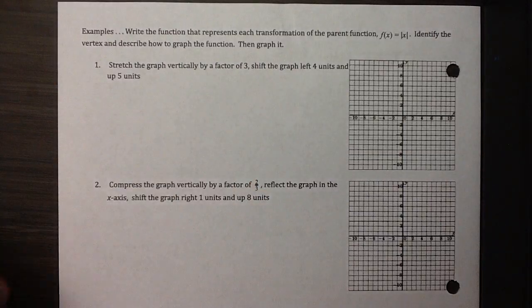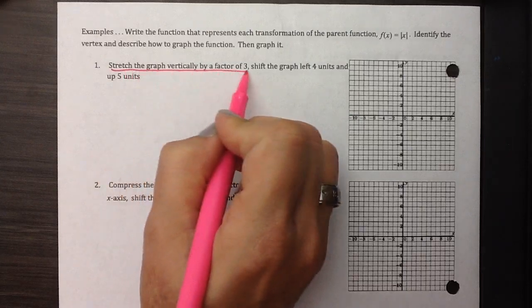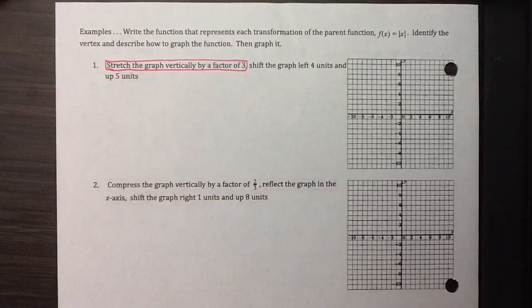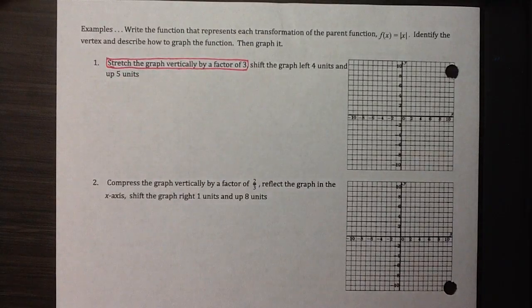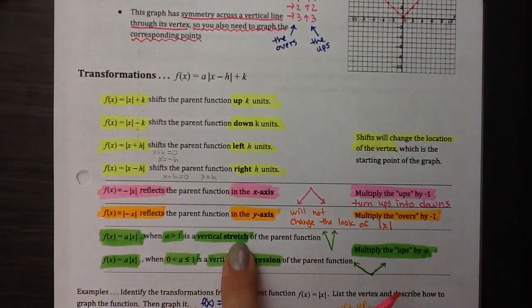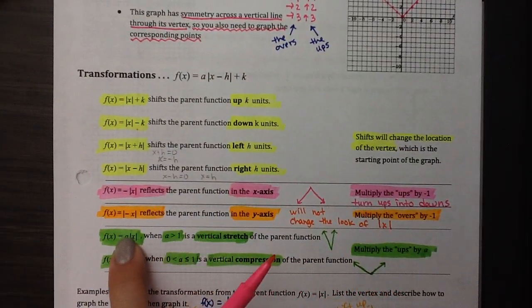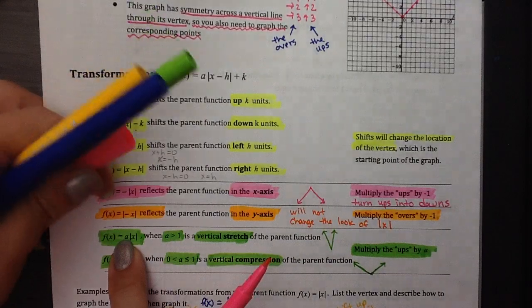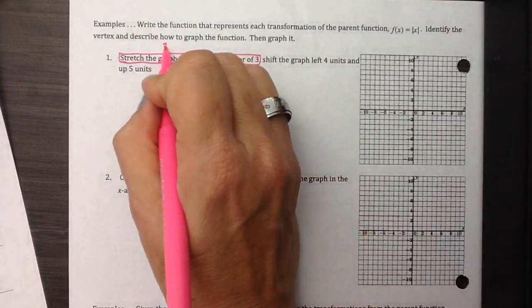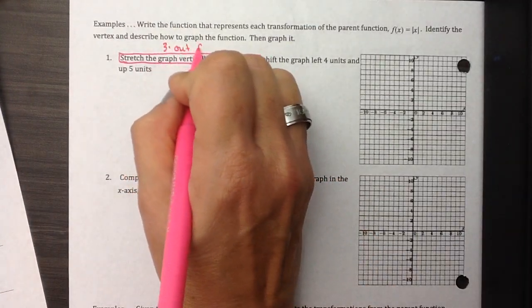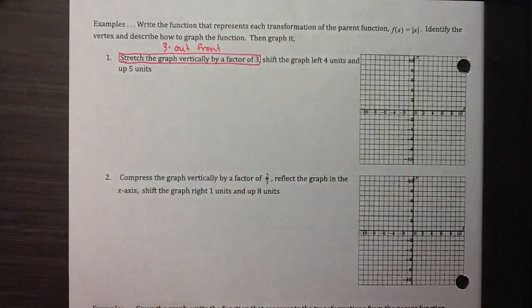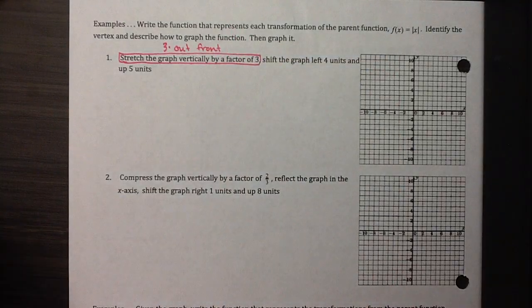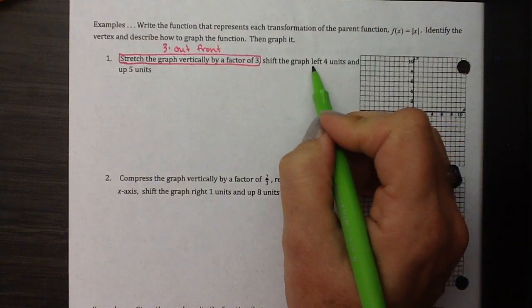So if I'm going to stretch by a factor of 3, stretching means that I have a number times out front. So I need a 3 times out front. Then I need to shift left 4.